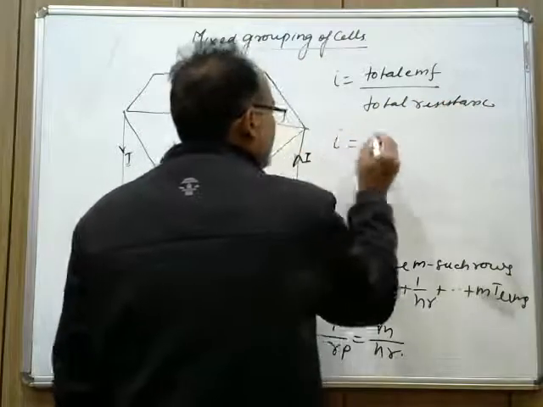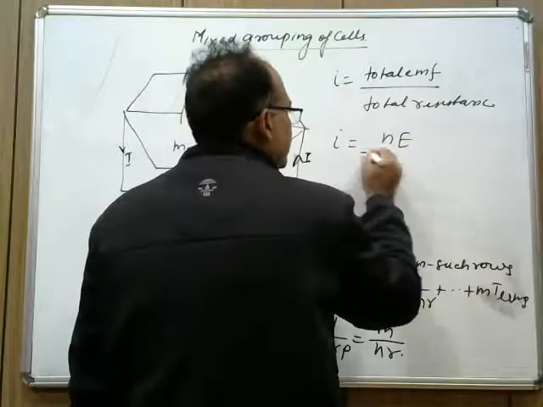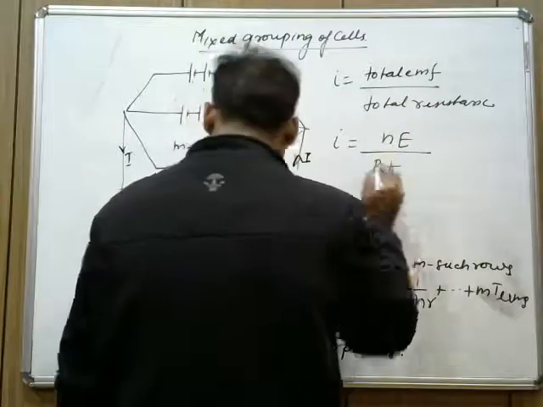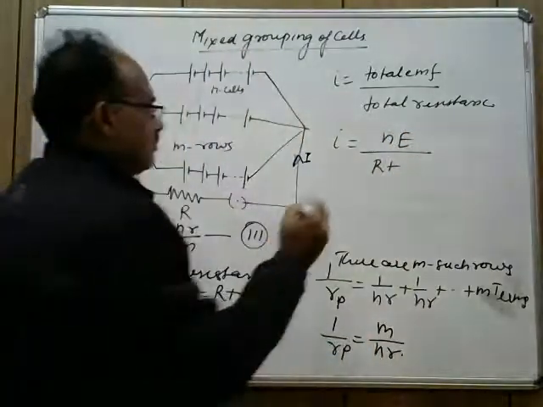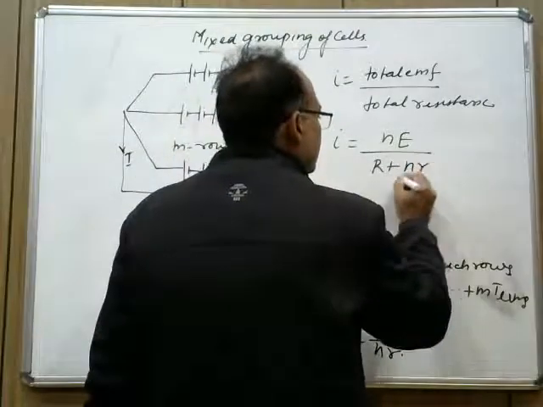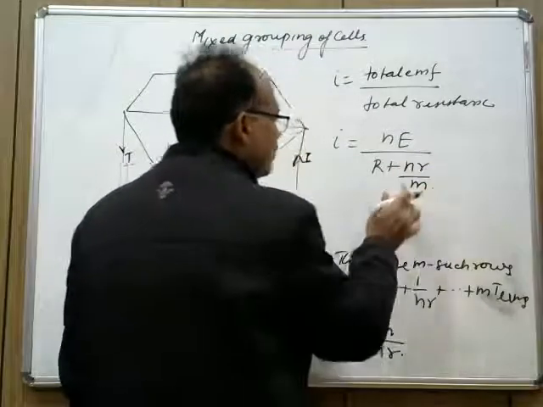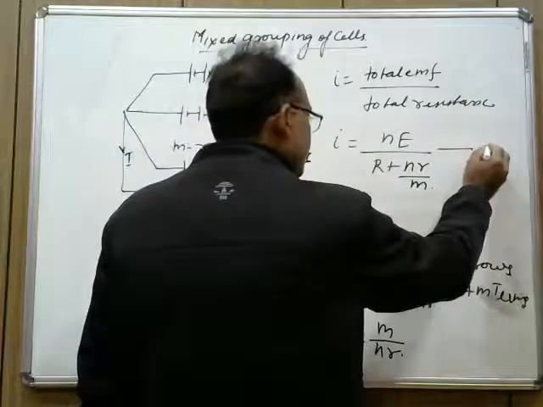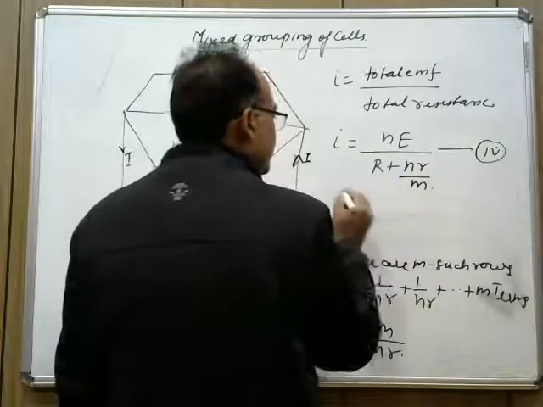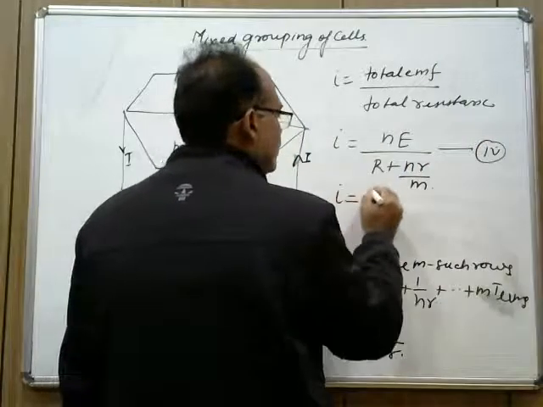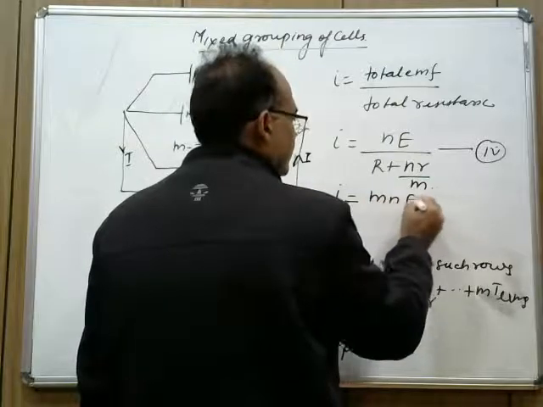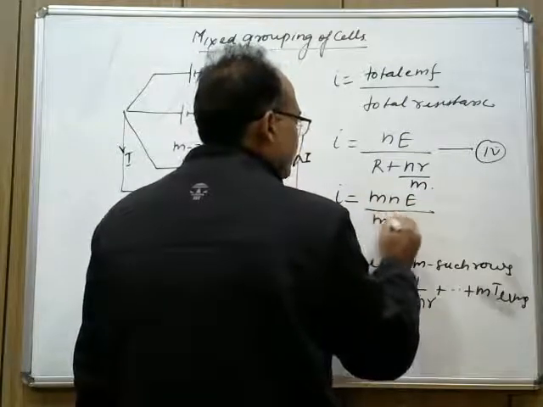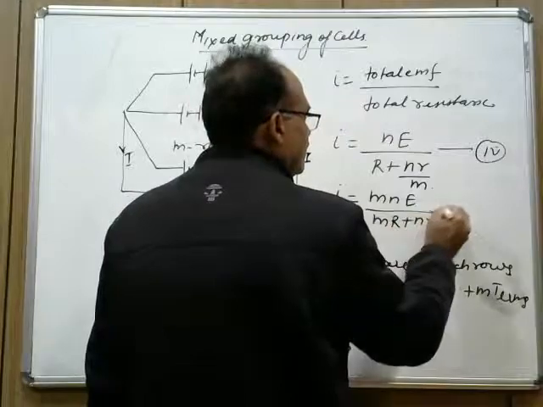That is, I is equal to total EMF nE upon R plus nr by m. Let this be equation 4. By taking LCM, we can write I is equal to mnE upon mR plus nr. This is equation 5.